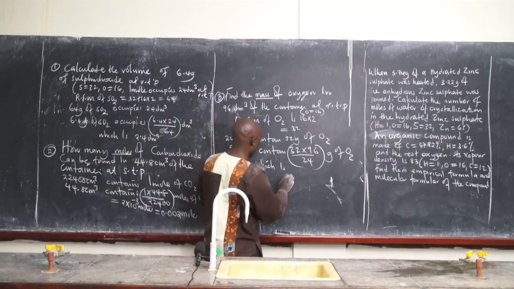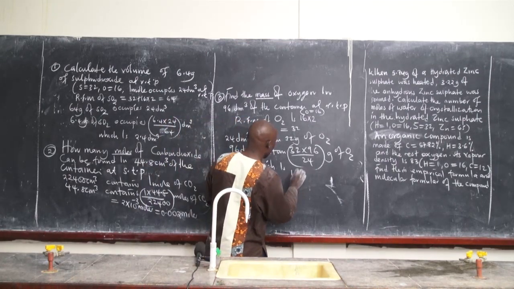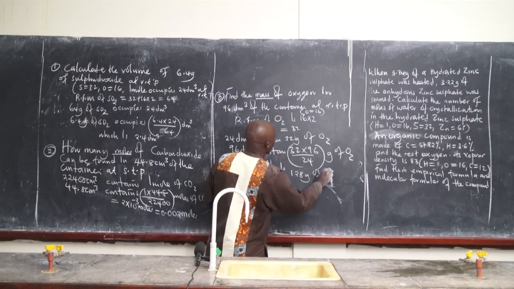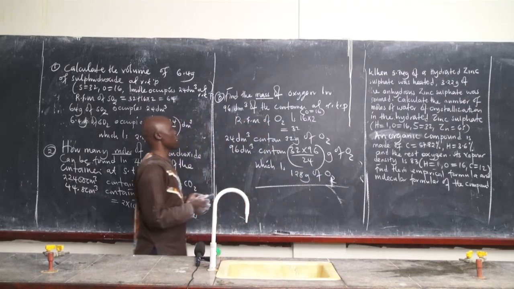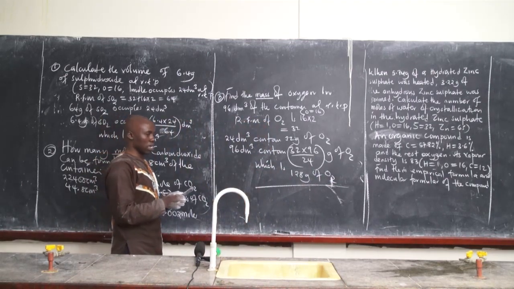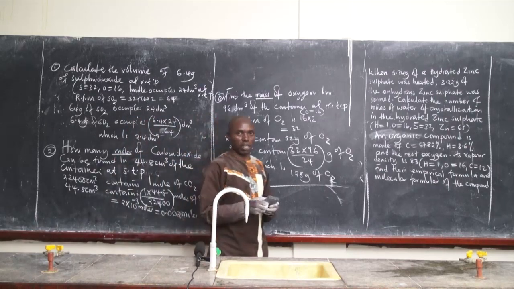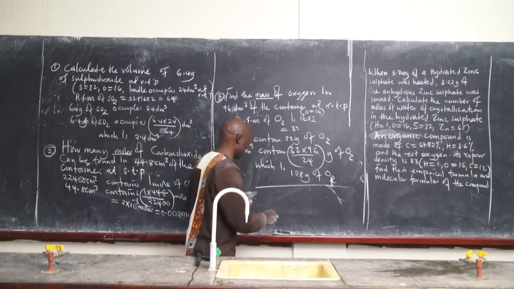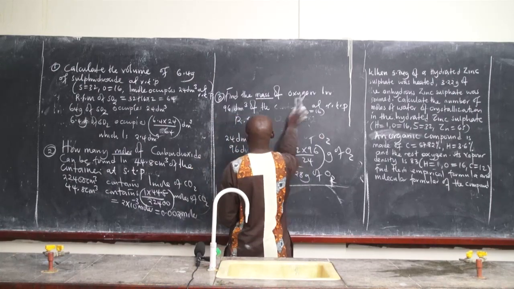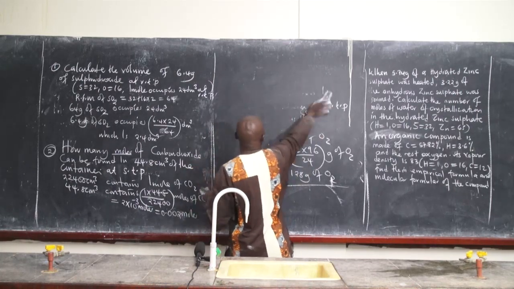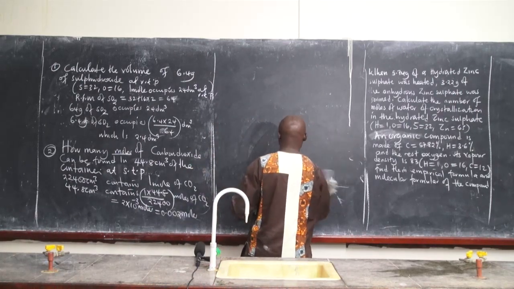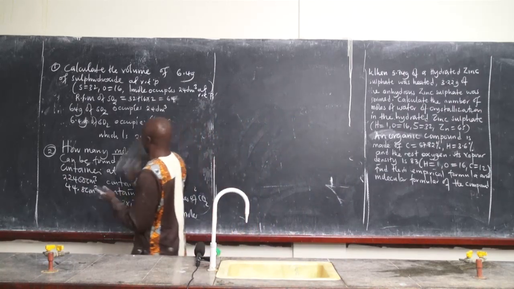That gives us about 128 grams of oxygen. So that's how you arrive at those calculations. Allow me to discuss stoichiometry in getting volumes of gases here. Stoichiometry in getting volumes of gases.